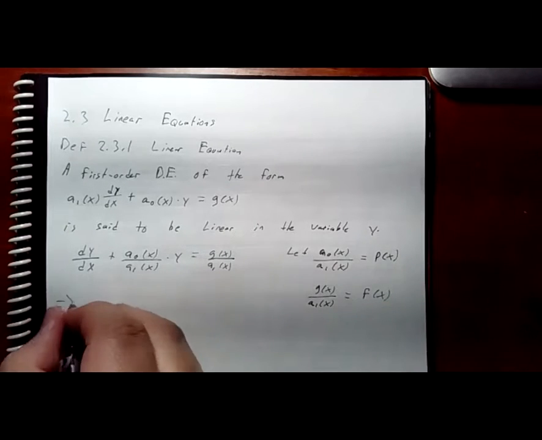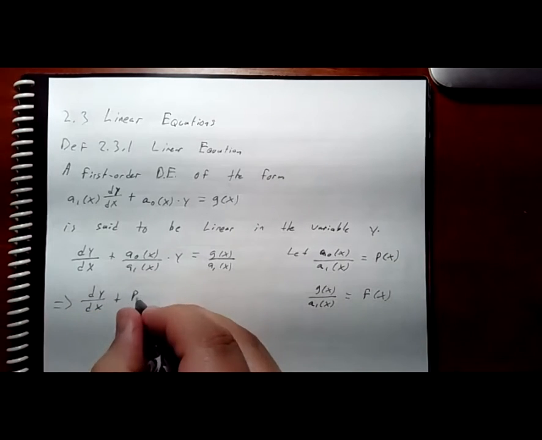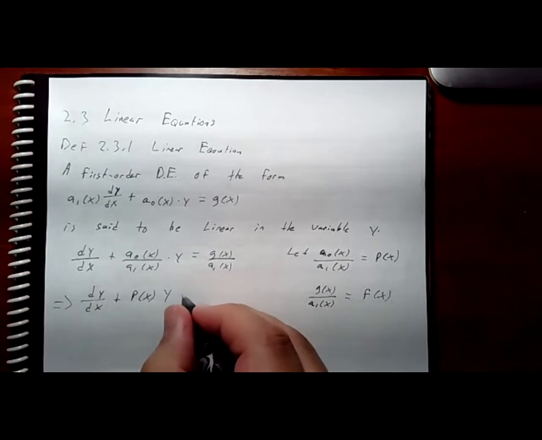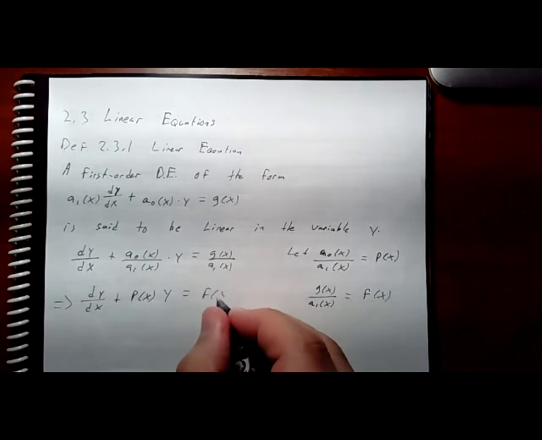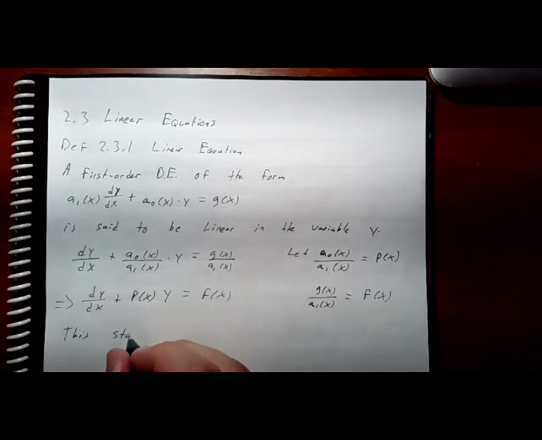So then that gives us dy/dx plus some P function times y equal to f of x. This is standard form.